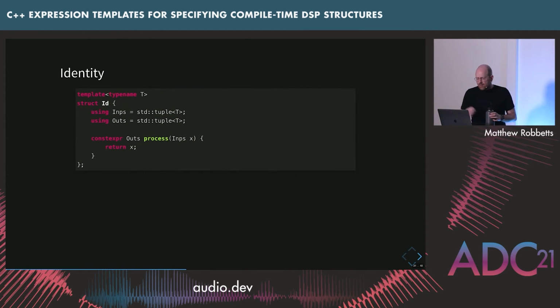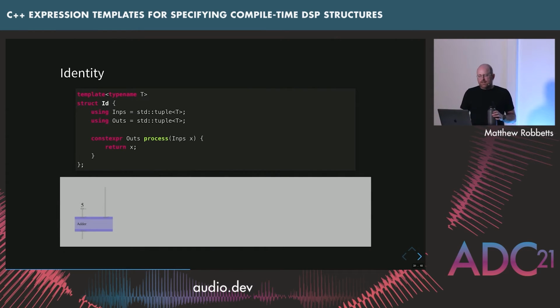And then finally, in our grab bag of random things I implemented, we have the identity. And all this does is it forwards its input to its output. And to anyone who's not a Faust user, this looks completely useless, but I promise it's actually indispensable. And the reason it's indispensable is, let's say we wanted to make a little add 5 type box using our adder, right? So we're going to connect a 5 constant to the first input of the adder and leave one input exposed.